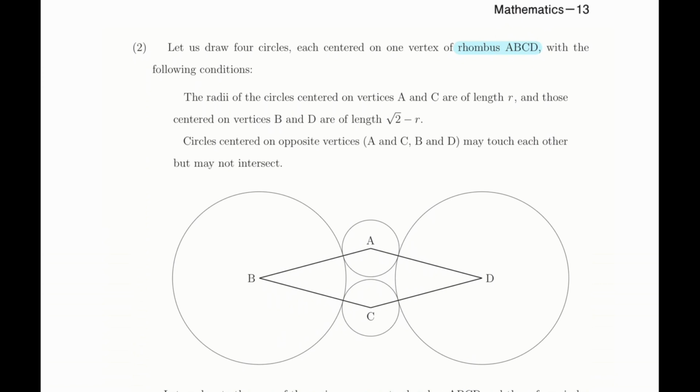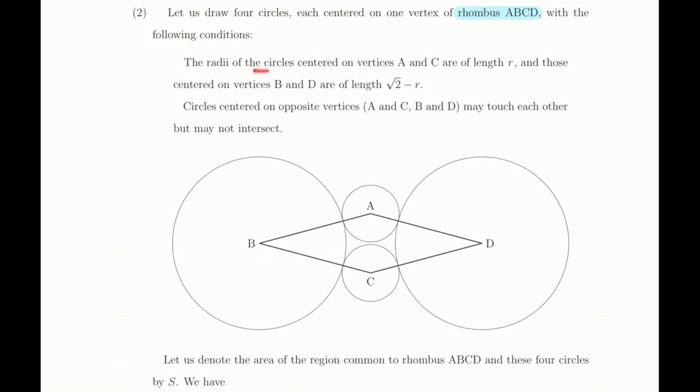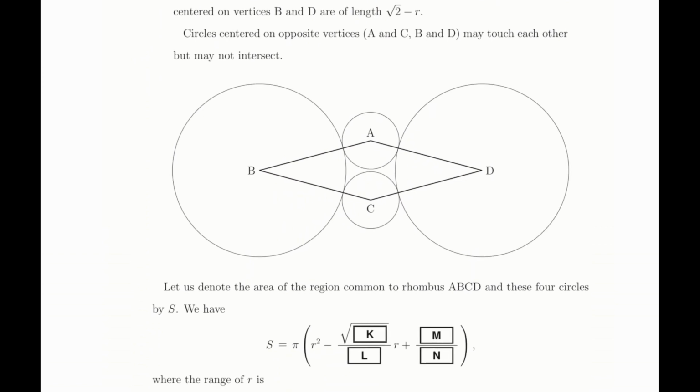As you can see here, this is your rhombus ABCD. Angle ABC is 30 degrees as mentioned earlier in this question. The radii of the circles centered on vertices A and C are length R. So this is R, this is also R. The radius of this small circle is R.